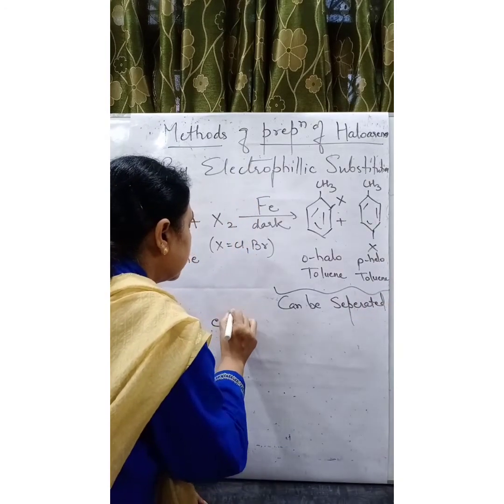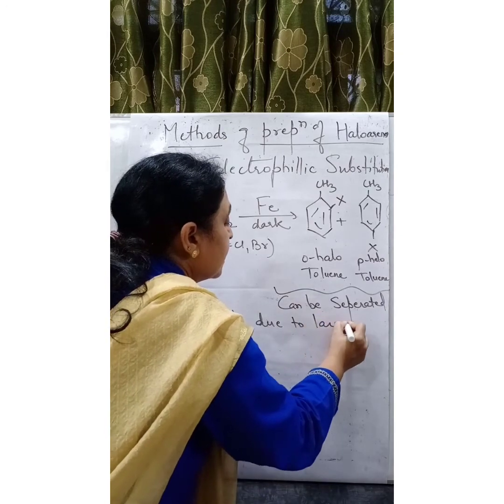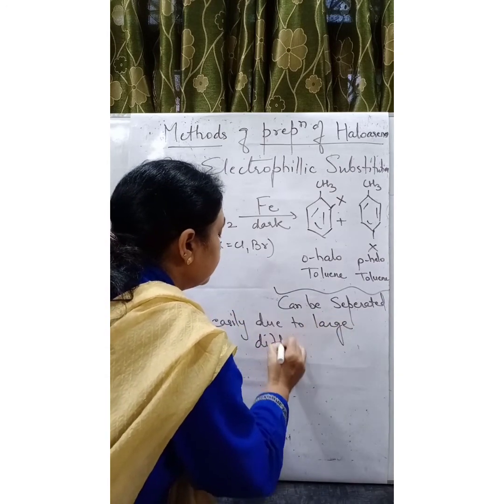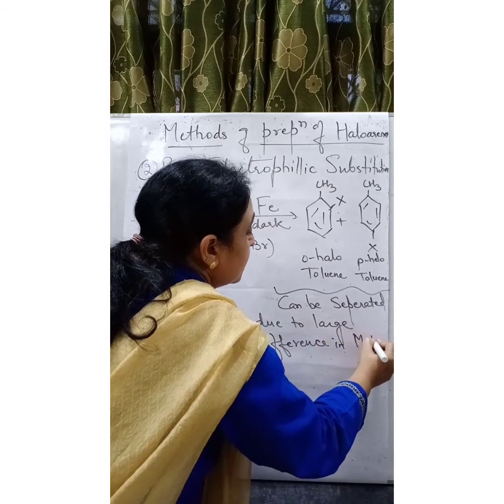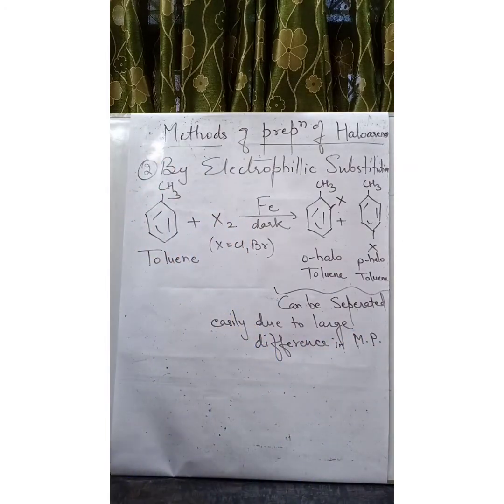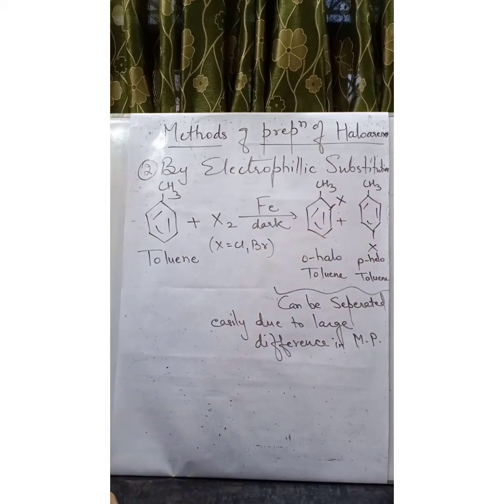Sometimes this is a 1 mark question asked in exams: how will you separate this ortho and para halotoluene mixture? Due to the difference in melting point, we can readily and easily separate them.